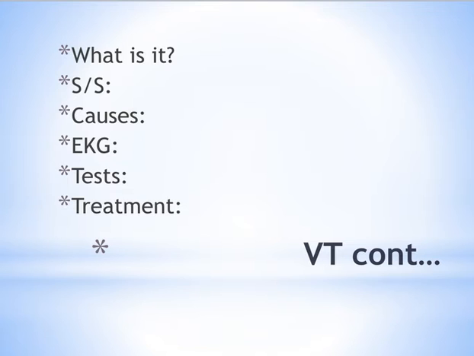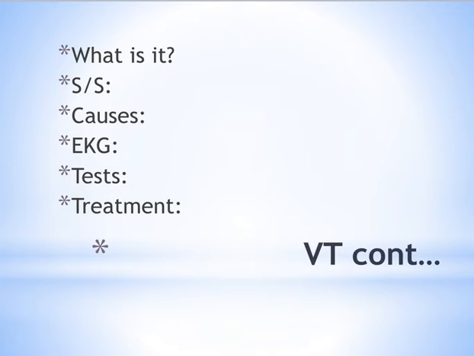What is VTAC? It's abnormal electrical impulses in the ventricles that cause the heart rate to contract too fast. Usually it's around greater than 160 beats per minute. And what this does is it causes inadequate filling of the ventricles between beats and less blood being pumped out.